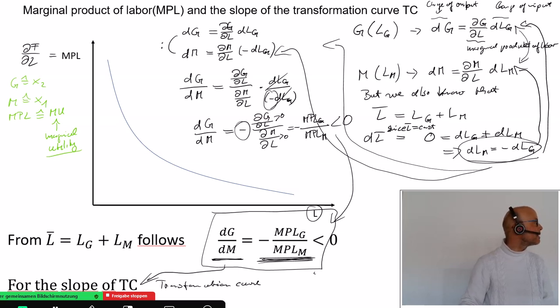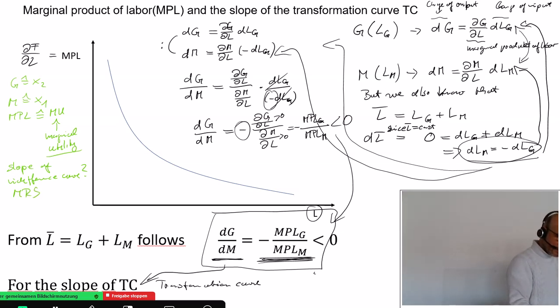What was the slope of the indifference curve called? MRS, marginal rate of substitution.